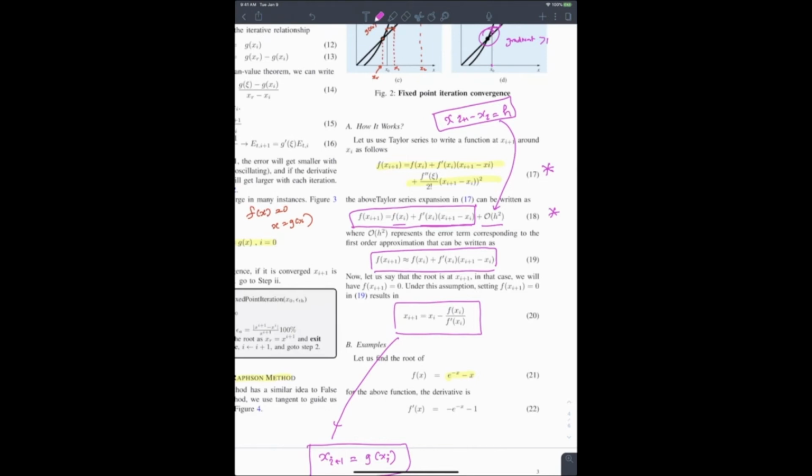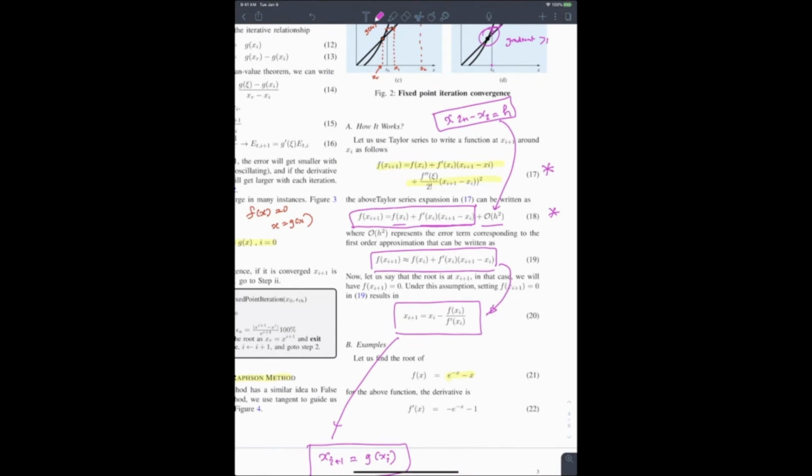Now you are using the same to get x_{i+1} as a function of x_i, that's all.